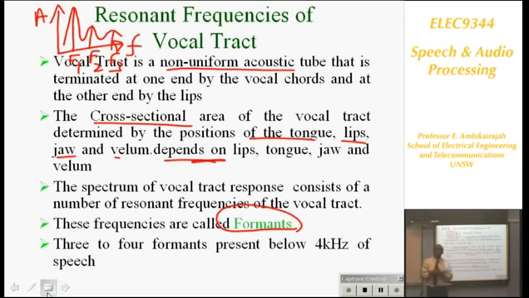From a lot of tests, we have found that for every kilohertz you will have one resonance frequency. If you are talking about a bandwidth of 4 kilohertz, then you will have four resonance frequencies. So 3 to 4 formants are present below 4 kilohertz of speech.